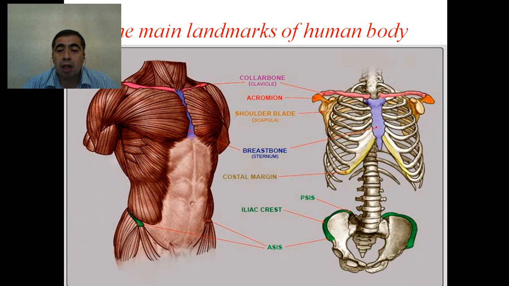For example, the liver may be normally palpable under the costal arch up to 6 or 7 years, but then this organ cannot be palpated under the costal arch. Normally it is located superior to the costal arch.